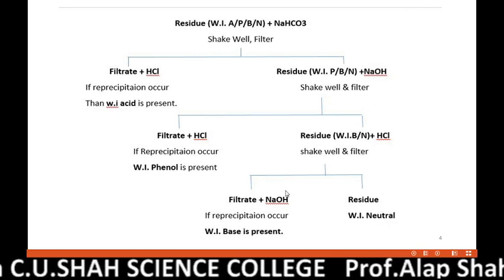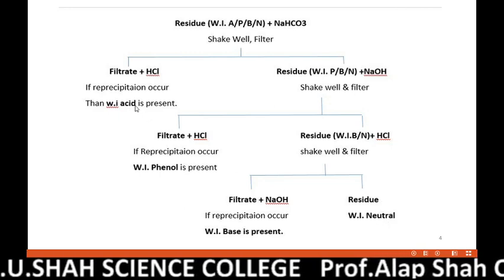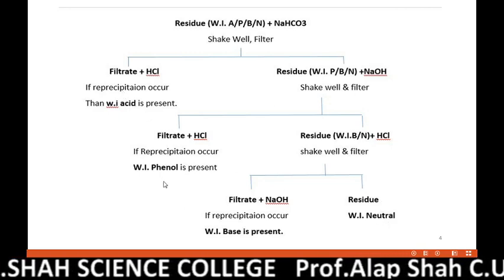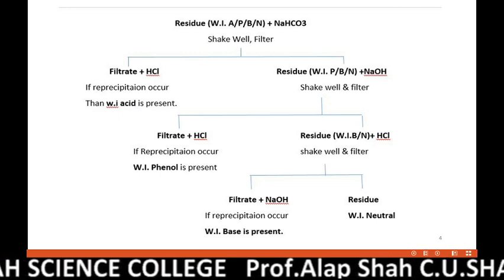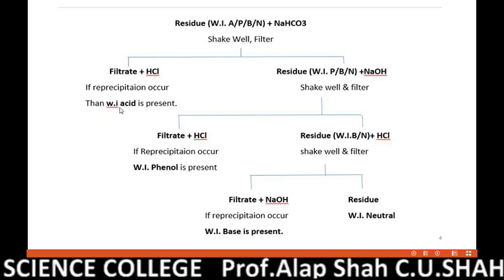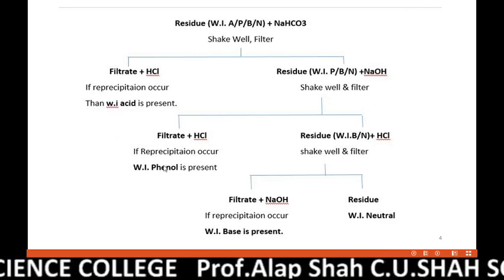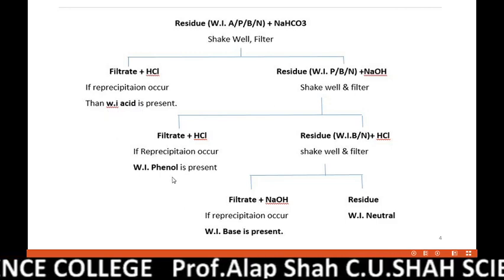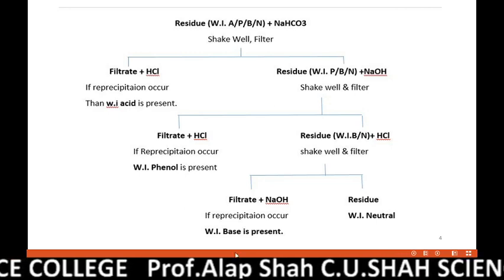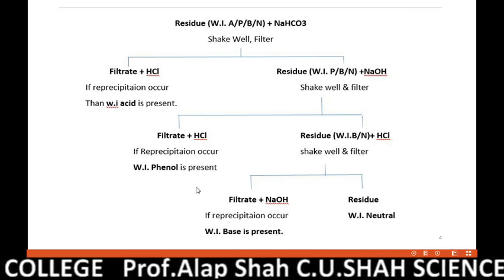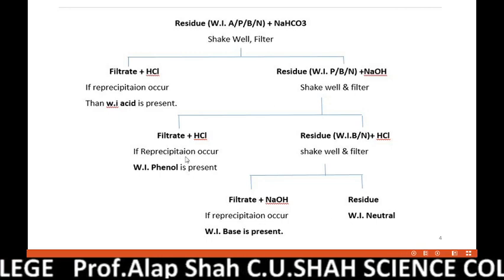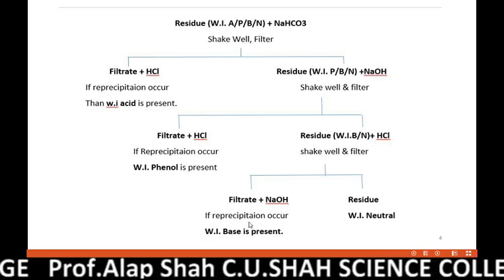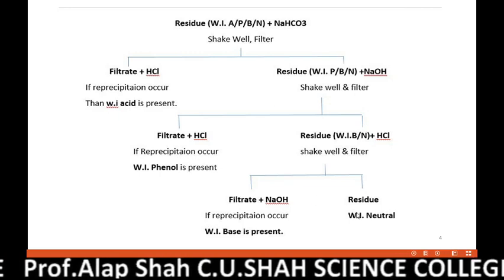So if you are given acid plus phenol, you will get reprecipitation over here and over here also. If you are not given acid but phenol plus base, then you will get reprecipitation over here and here. Suppose you are given phenol plus neutral, then you will get reprecipitation over here but not here. So in that case, phenol plus neutral.